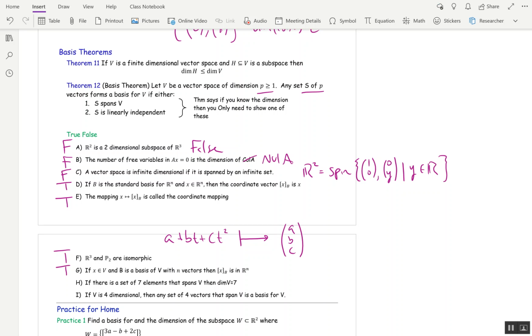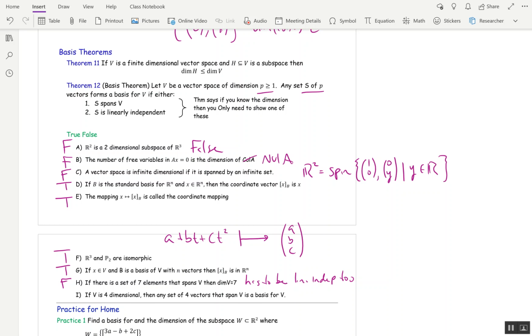Next one, if there is a set of 7 elements that spans V, then the dimension of V is 7. False. It has to be linearly independent. Two vectors span only half of it.